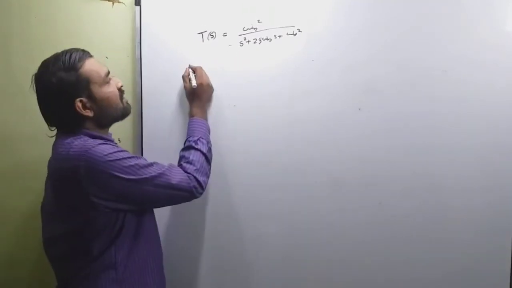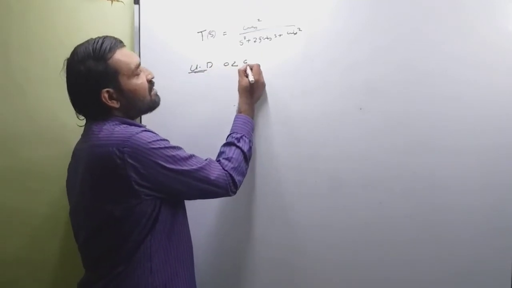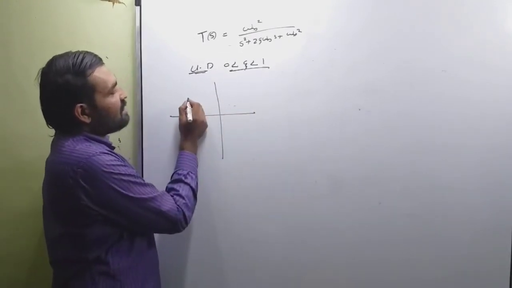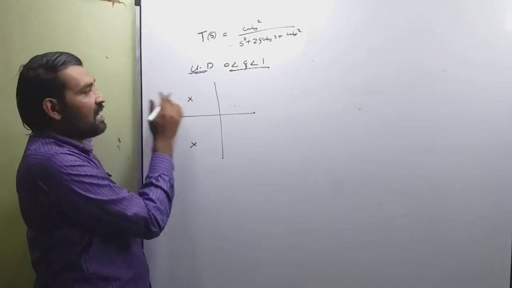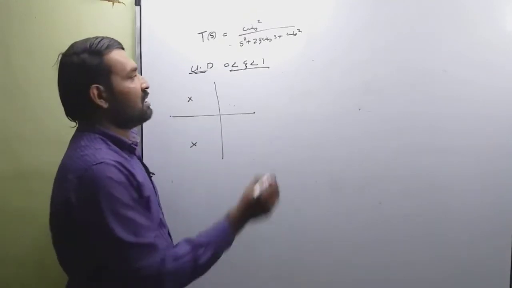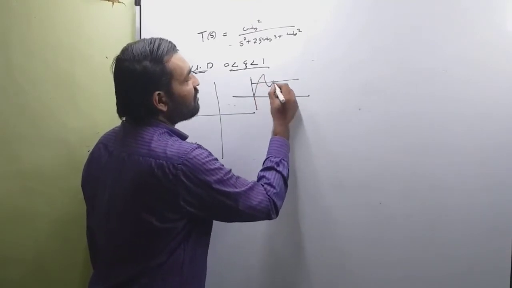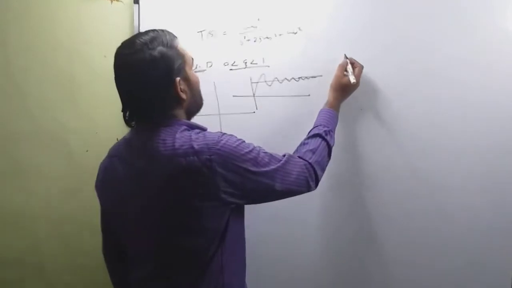For an underdamped system, 0 less than theta less than 1. So the location of poles in the S-plane is complex conjugate lying in the LHS of the S-plane. This is the location of the poles. And the unit step response will be in this form. And the system is stable.